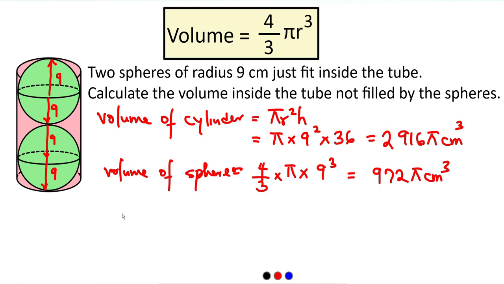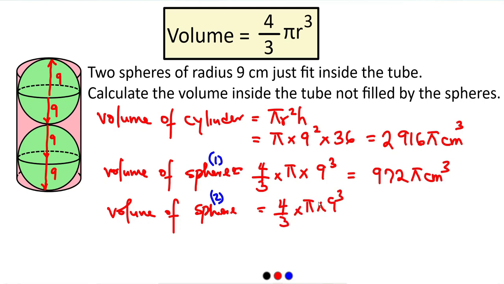This is sphere 1, and this is sphere 2. Because both spheres are identical, definitely it's going to be the same thing: 4/3 times pi times 9 cube, which is going to be 972 pi centimeter cube.